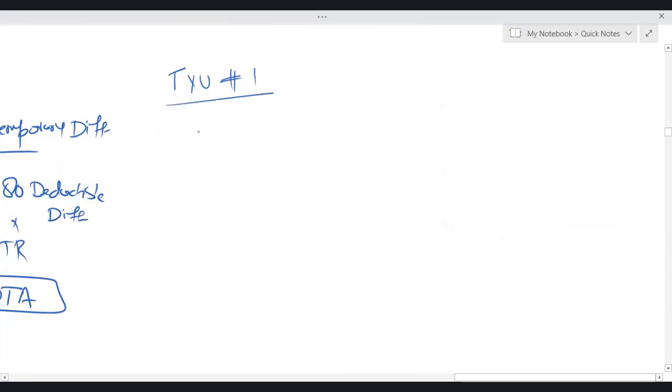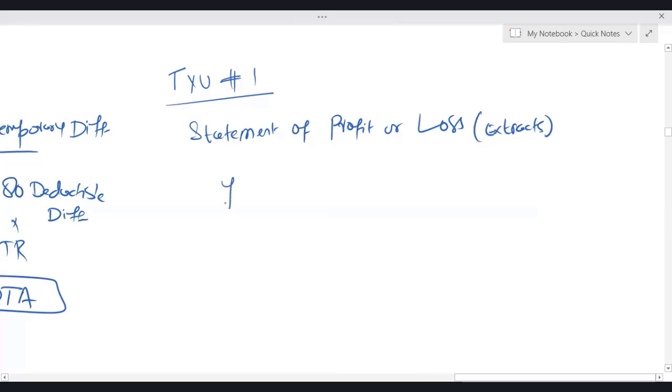Statement of profit or loss extracts, years 1, 2, and 3. Profit before tax is 1,000.